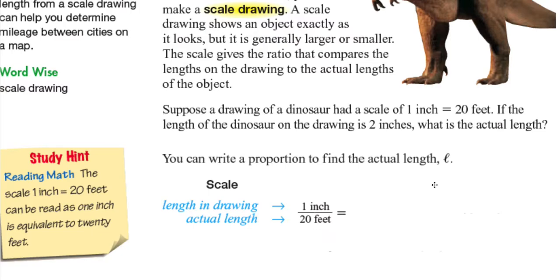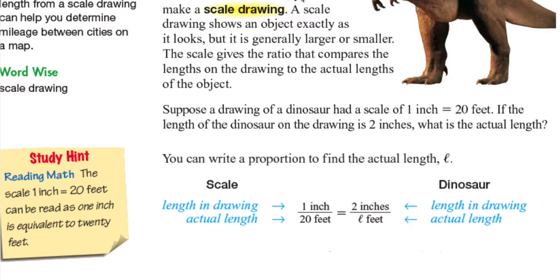Our dinosaur, on the other hand, will be the drawing, which is 2 inches, over L, the actual length in feet of our dinosaur. So if you notice, this particular ratio involves our scale, and this particular ratio involves our dinosaur.